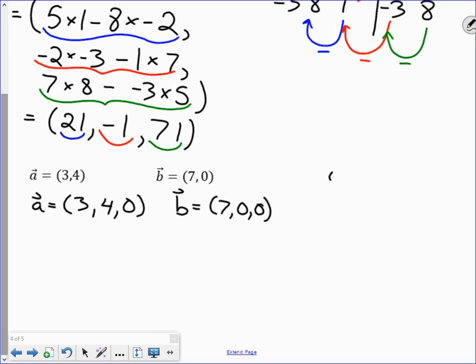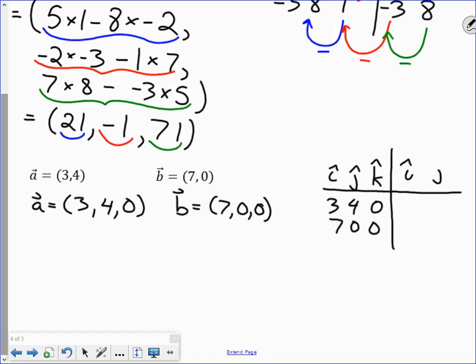We'll come over to the side here, set up our little chart. 3, 4, 0, 7, 0, 0. Another copy of 3, 4, another copy of 7, 0.